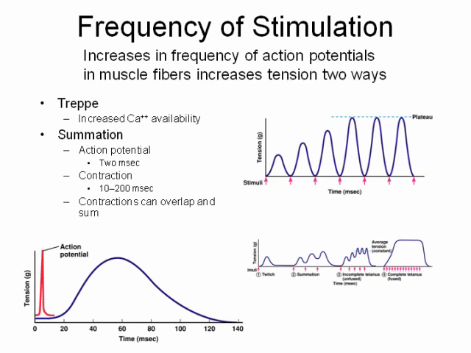The second way that you can increase tension by stimulation is summation, similar to what we saw in neurons. An action potential lasts 2 milliseconds and the contraction lasts 10 to 200 milliseconds.